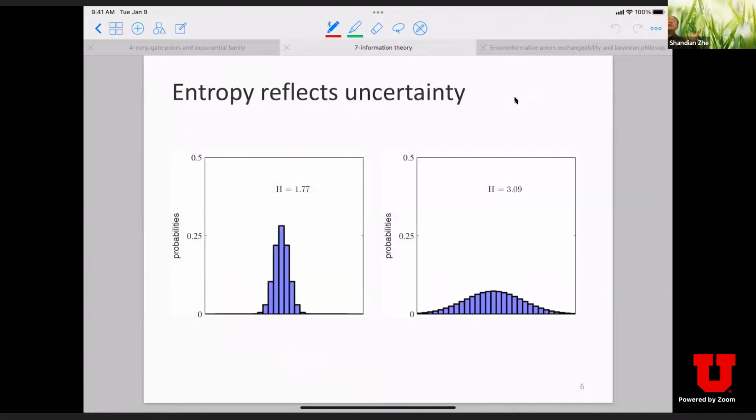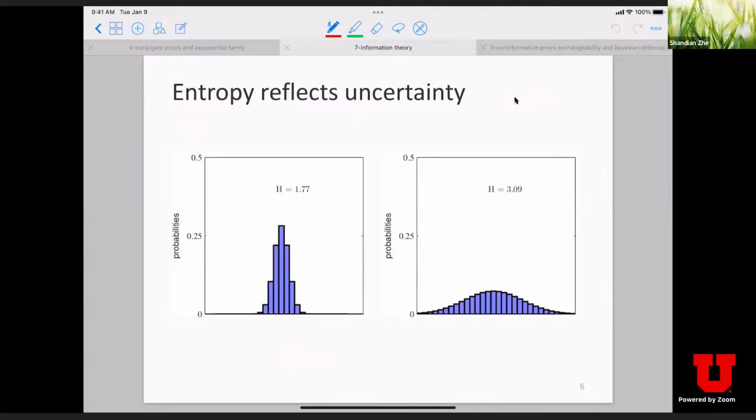So entropy, as the name suggests, essentially reflects uncertainty. Here are the entropies of two random variables. Those histograms just show how the values of these random variables are distributed. You can see that the more concentrated this random variable's distribution is, the lower the entropy.